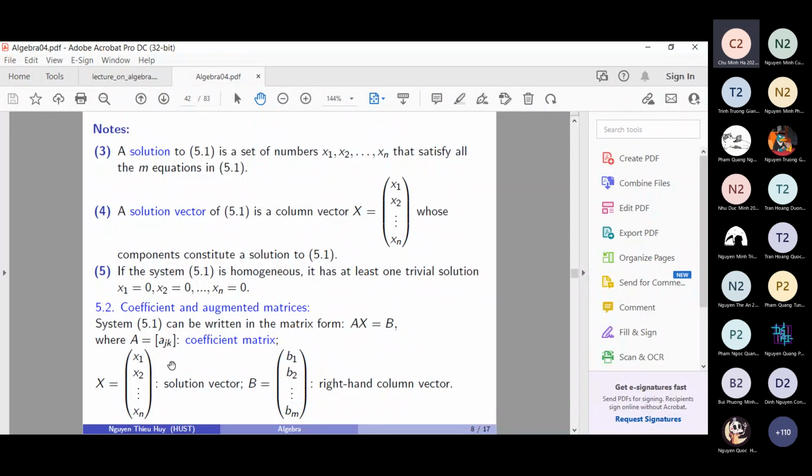And this x is a vector of unknowns, or solution vector if you like, but sometimes there is no solution, so vector of unknowns is better, no? And b is the right hand side, the right hand column vector, yeah? So what we want to do is to find this x, the vector of unknowns, or you can call it the solution vector, because what we want to find is x.